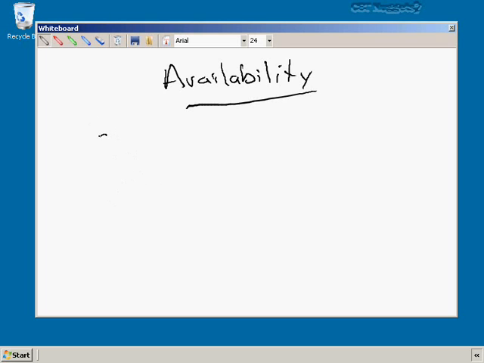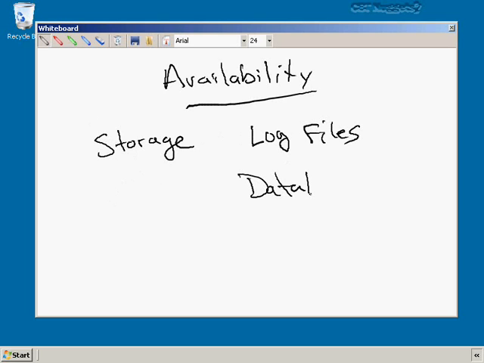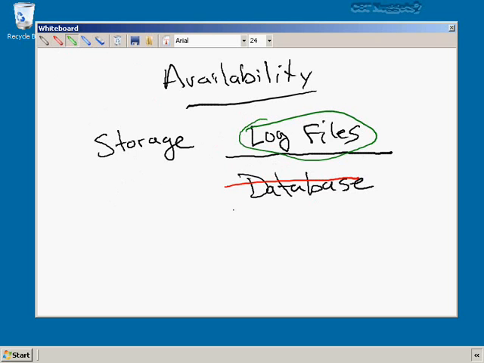One of those is storage. I've already said in this nugget that you need to have your log files separated from your database files, so that if you have a drive failure or file corruption or whatever else and your database files get messed up, you've still got your log files available because those constitute an important part of the recovery options you have. So that's one thing in terms of availability you need to worry about, is your storage allocation.